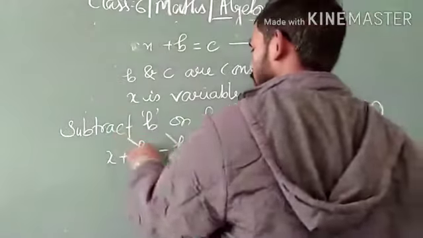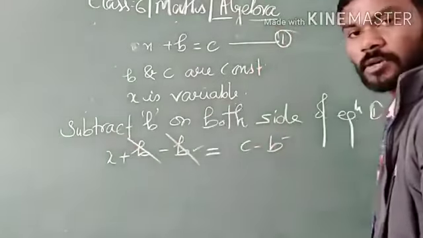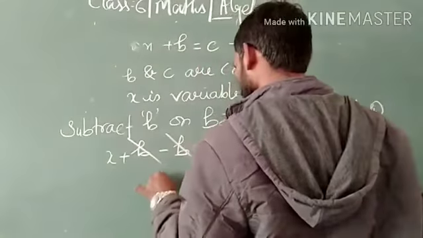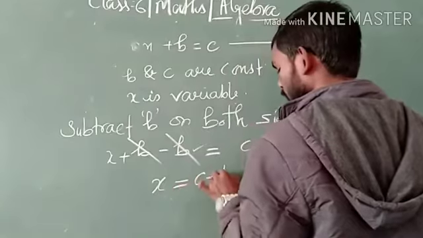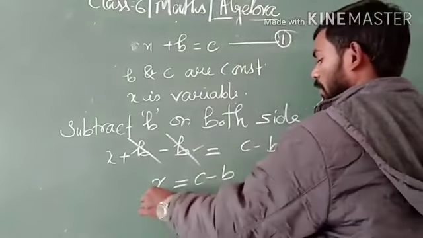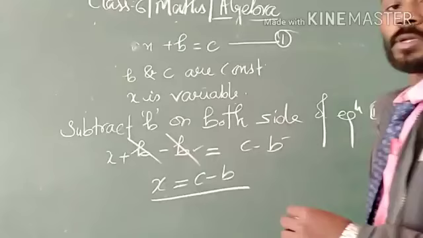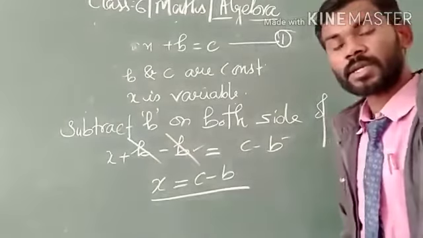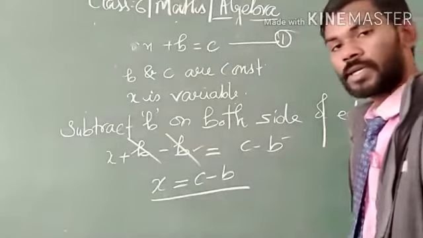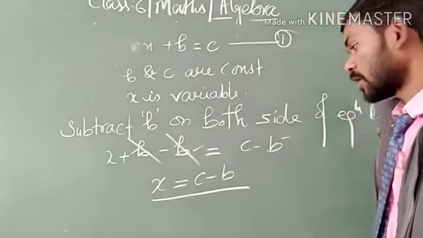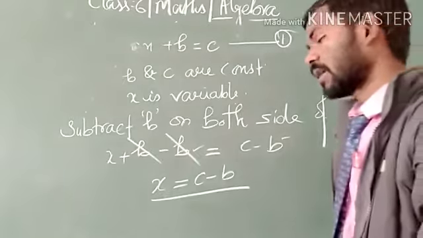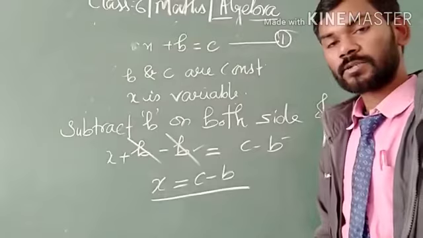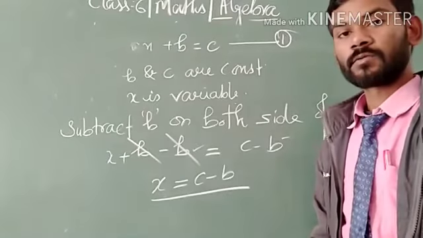Now these cancel out and at last we get x is equal to c minus b. In this state, we can see that x is completely independent and hence gives the value c minus b, which is the required solution of the given equation.